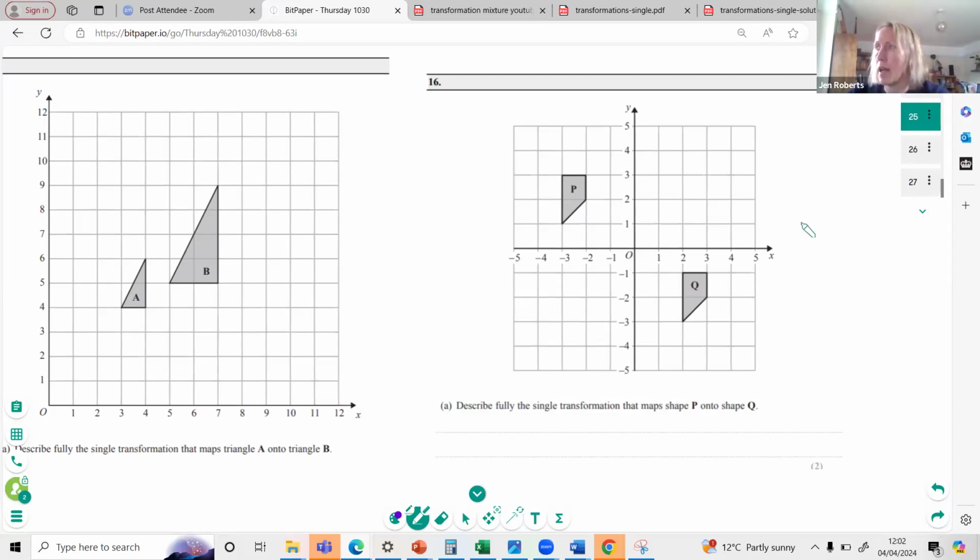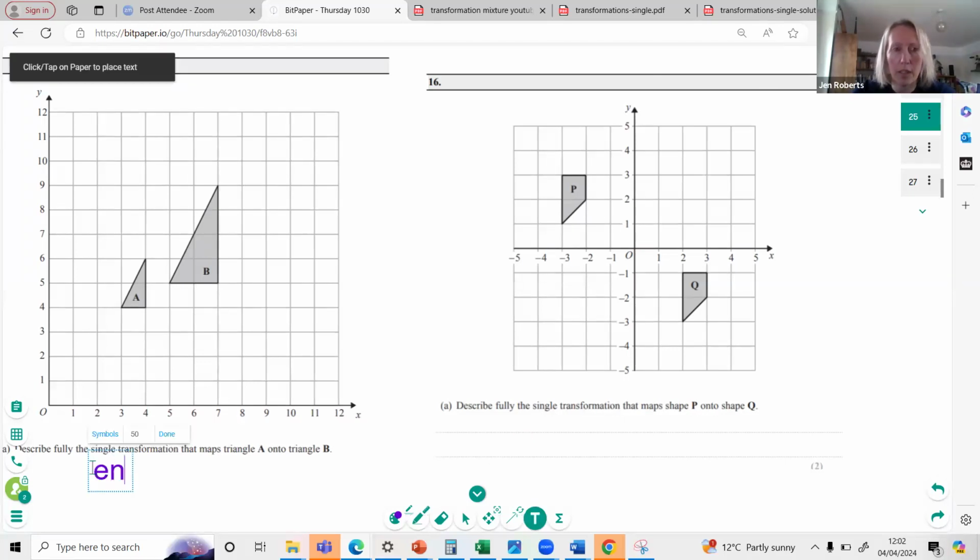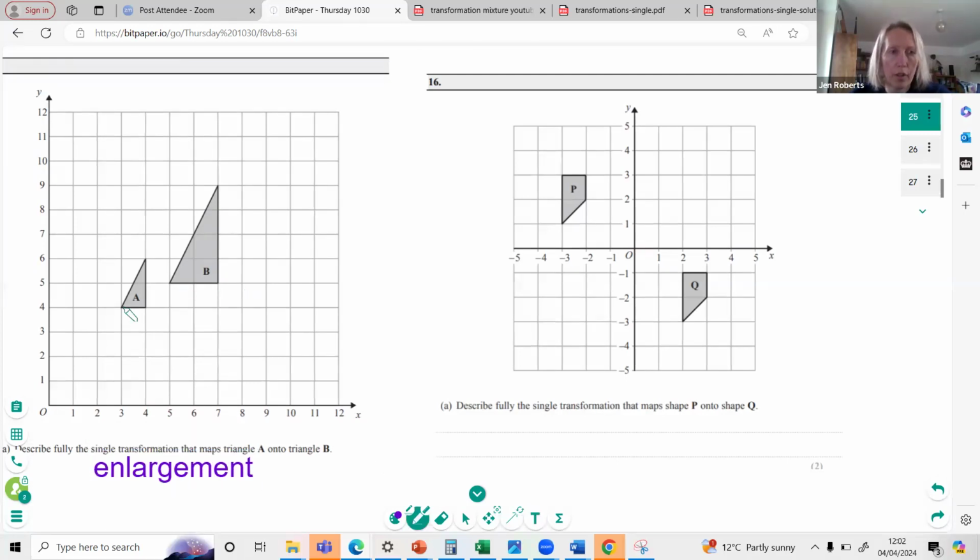Okay, so got A on to B first of all. So hopefully you've correctly identified this is enlargement. Nice simple scale factor. 2 divided by 1 is 2. So that length divided by that length is 2.